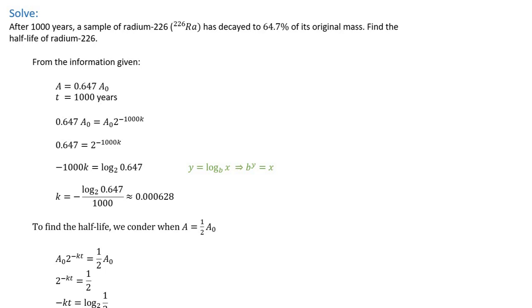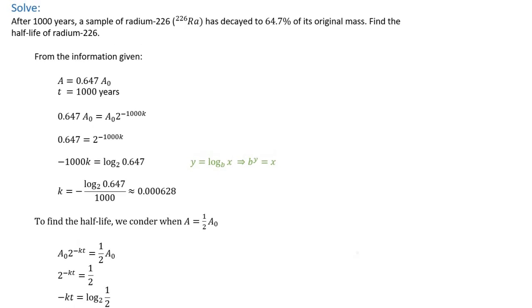Half-life is the amount of time it takes for there to be half the amount of material left. So if you started with a kilo, after a certain period of time you would have 500 grams, and then after the same period of time you would have 250 grams, and so on. The period of time for a half-life remains constant.